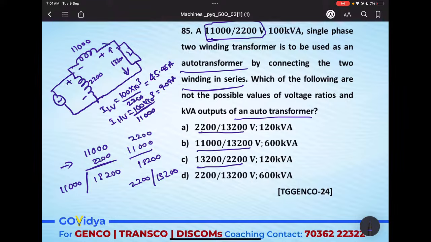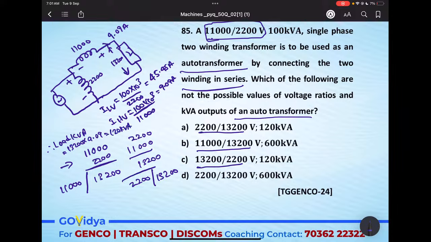So the current driven into the load is 9.09 amperes. Therefore, load kVA can be calculated as 13,200 into 9.09. It will come to around 120 kVA.